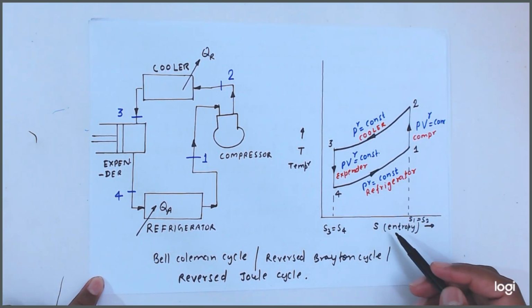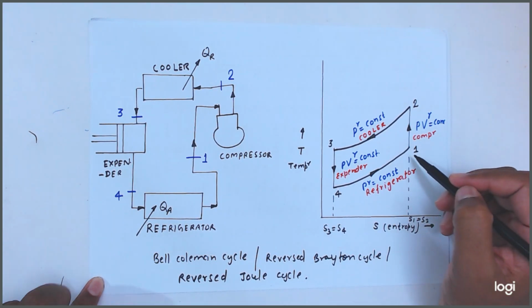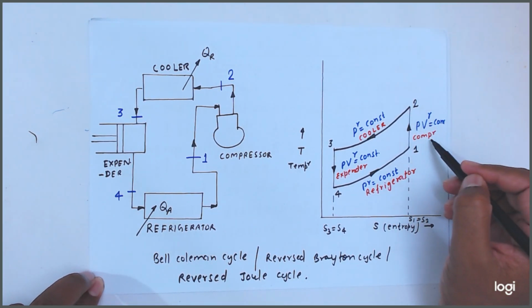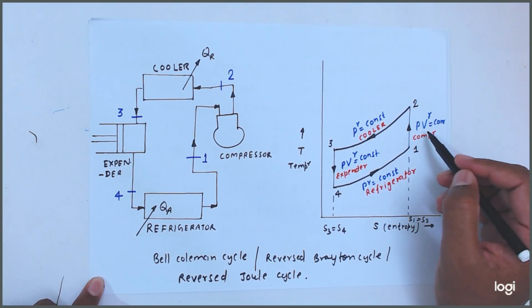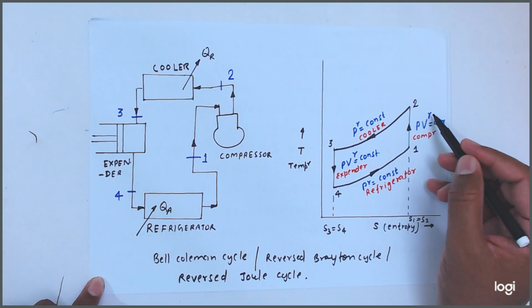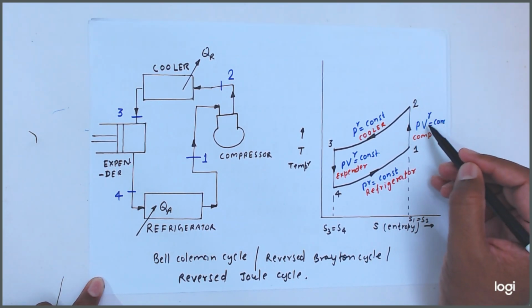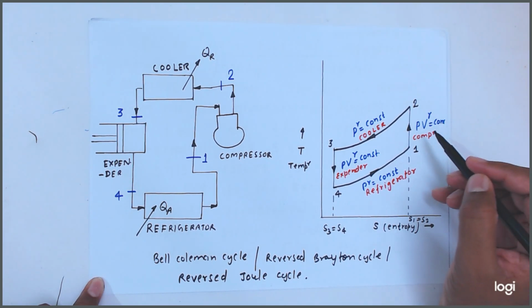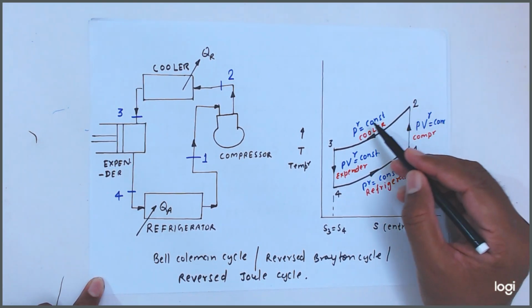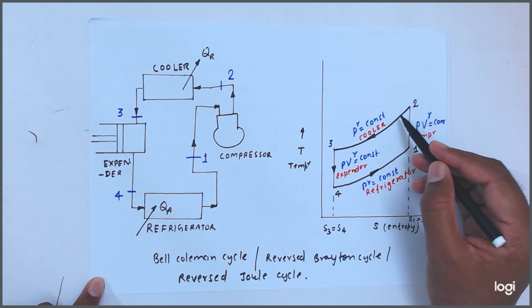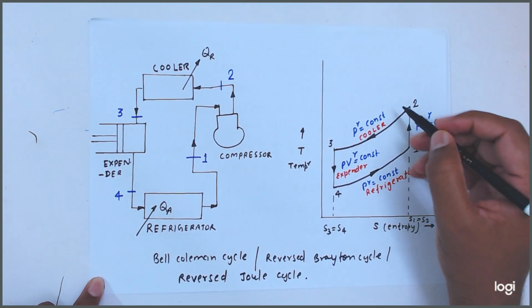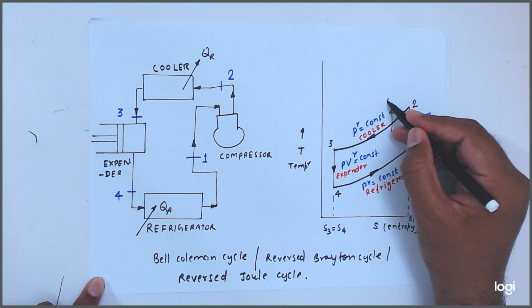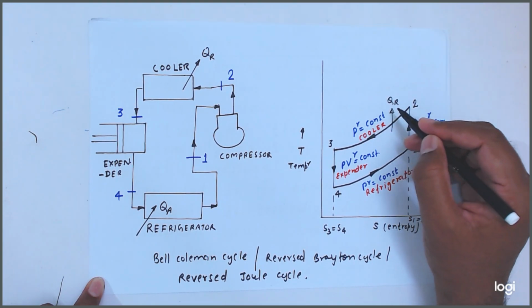So this is the TS diagram. 1 to 2 is the compressor, which follows the isentropic process. Isentropic process means Pv to the power gamma is equal to constant. Then at constant pressure the heat rejection is there, so here constant pressure Q rejection is there.